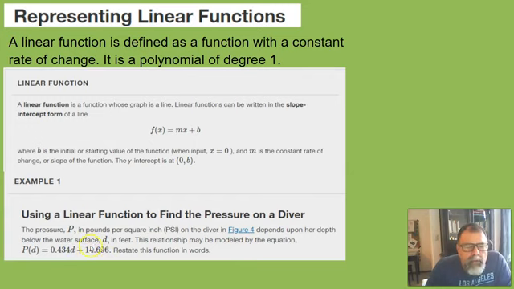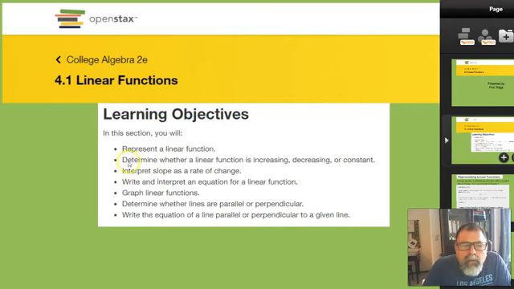And again, just to kind of restate this, this number 14.696, that's the initial pressure when the depth is 0. And then for every change of 1 foot of depth, you're going to increase the pressure by 0.434. Okay, 434 thousandths. On to the next learning objective.